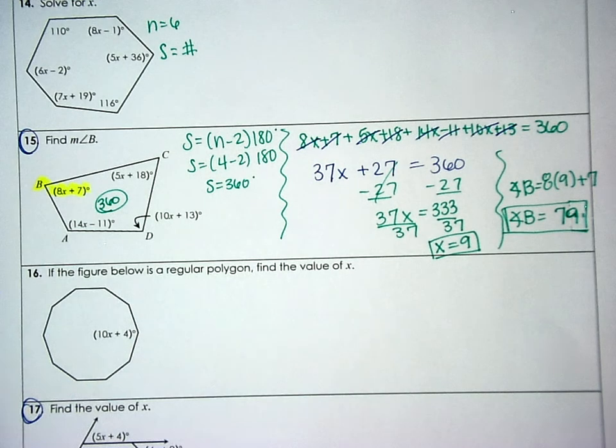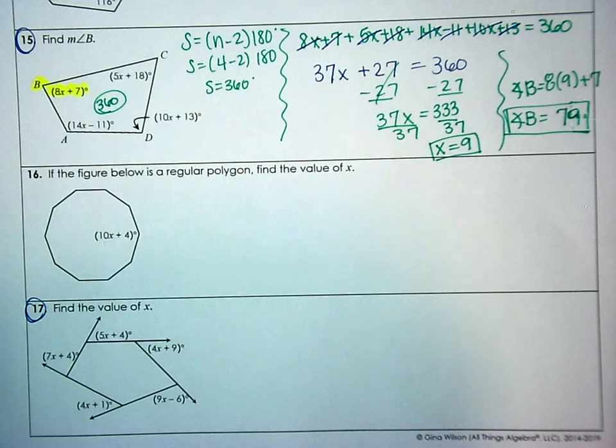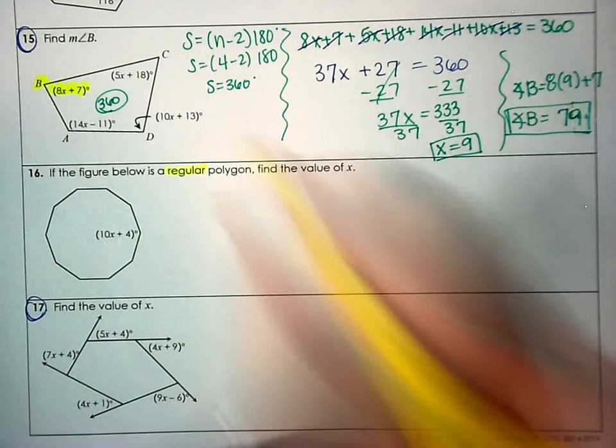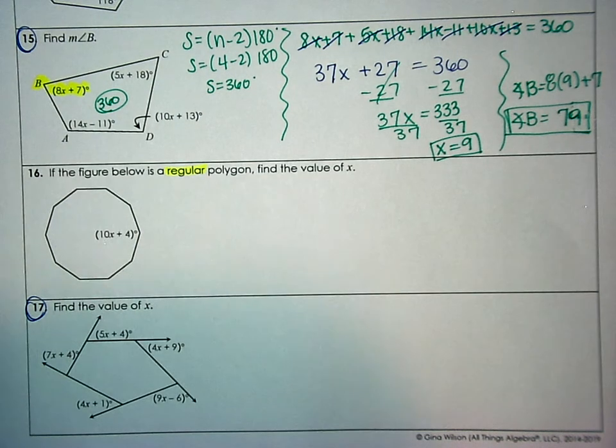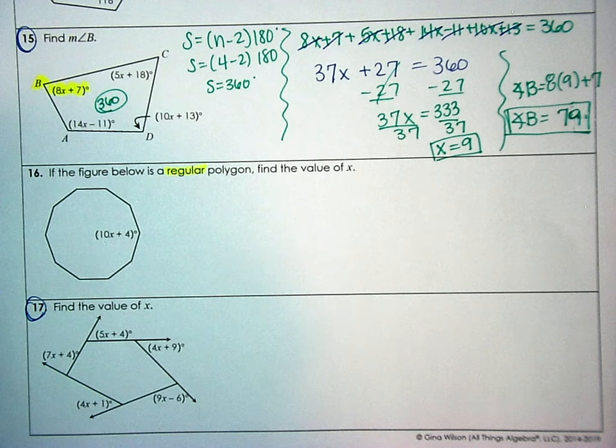Now 16 looks difficult, but it's actually not that bad. So I'll walk you through it, but let you figure it out. All they want is the value of x, so there's nothing to plug in. It says in the figure below, it's a regular polygon. So the key word is regular. Regular means all of the angles are the same.